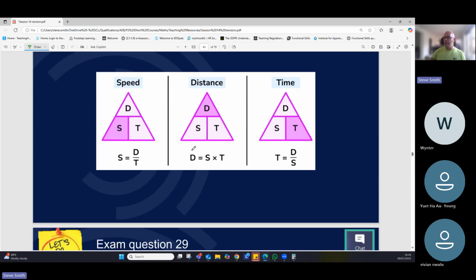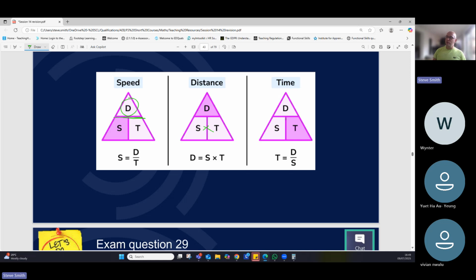So sometimes remember that. You will not be given this in an exam, but as long as you remember that distance comes on top, that's all you need to remember. Because if something's underneath, I've got to divide by it to get to it. But if it's on top, it means I've got to multiply both of those bottom ones to get to the top one.